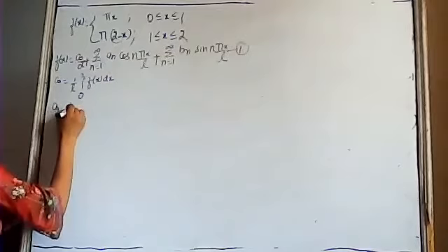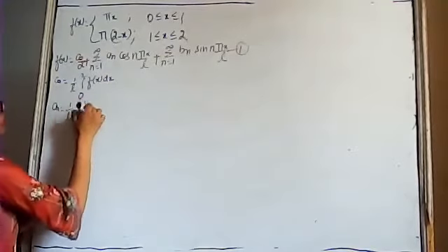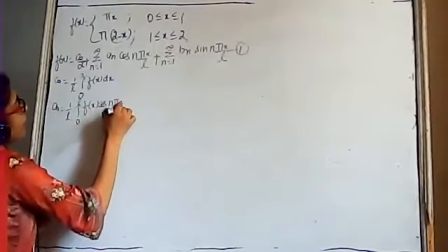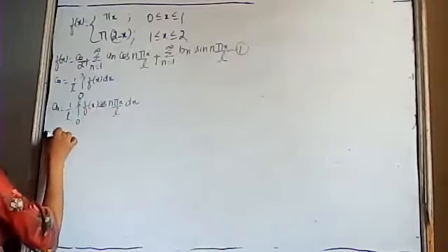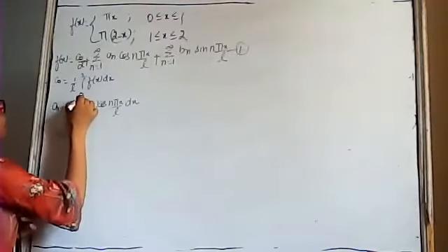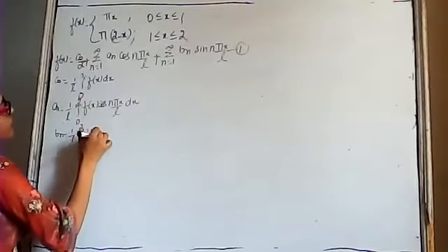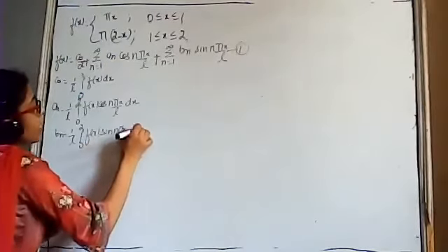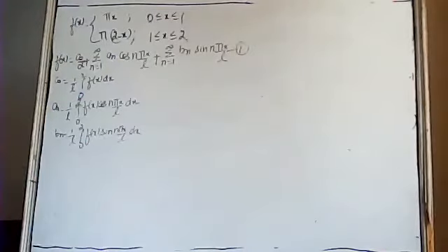Similarly, an is equal to 1 by L, integral 0 to L, fx cos of n pi x upon L dx. Similarly, bn is equal to 1 by L, integral 0 to 2, fx sine of n pi x upon L. After that, we have to find the value of L.